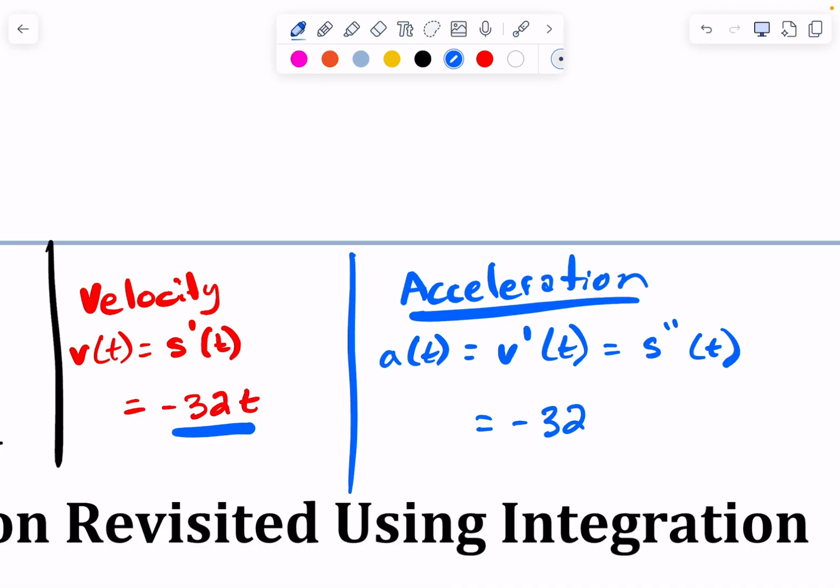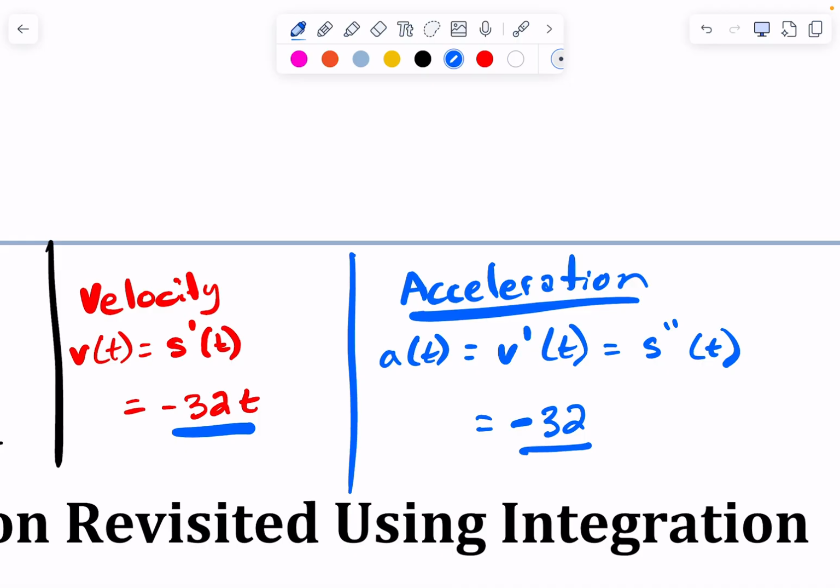And then my variable is gone, which is kind of interesting, because no matter where you're at, whether I've been falling for 1 second, 7 seconds, 33 seconds, which is probably a pretty tall height because usually you've hit the ground after 33 seconds, you're going to be accelerating at a rate of 32 feet per second squared.